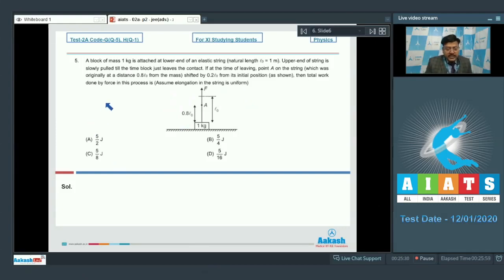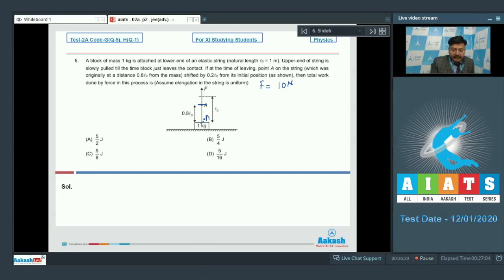Well, because the block is just lifting, the final tension, the final value of F, is simply equal to 10 Newton, that is 1 g, equal to 10 Newton. Now we can consider any part of the string as a spring. The tension is 10 Newton everywhere, and if we consider this part, let's call this point B, part AB, which has original length 0.8 L0, with spring constant K1 for this part.